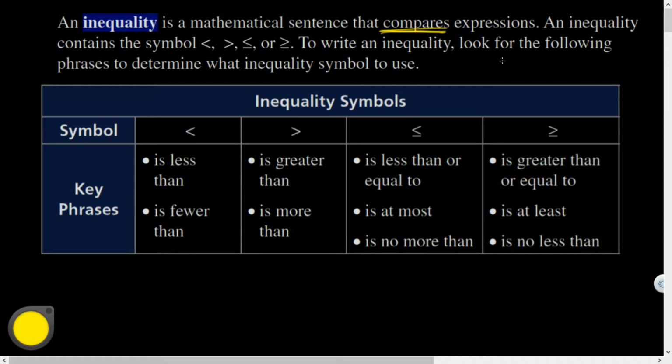To write an inequality, look for the following phrases to determine what inequality symbol to use. So these key phrases will help you if we're translating a word problem into a math problem.